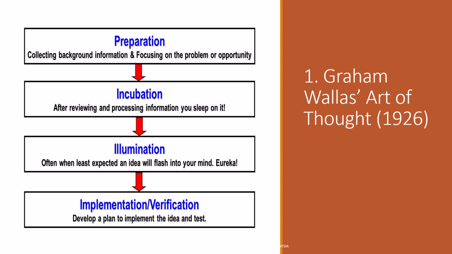What is the preparation in the creative thinking process? Wallace mentioned here that we need to collect the background information. Based on the collected information, we focus on the problem, or we can focus on the opportunity. Based on the collected information, we can list out the problem. At the same time, we can list out the possible opportunity to solve the problem.